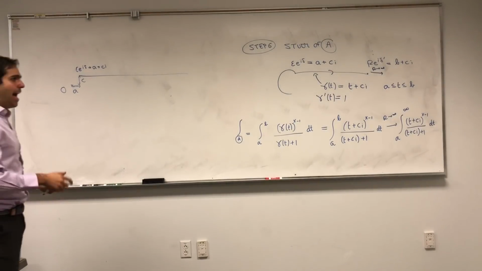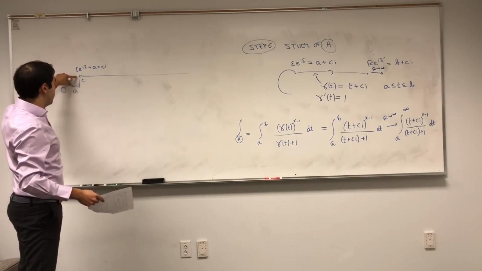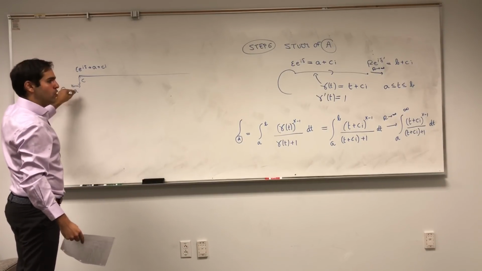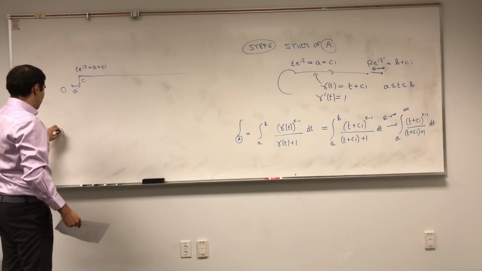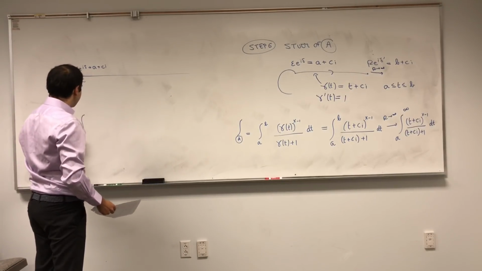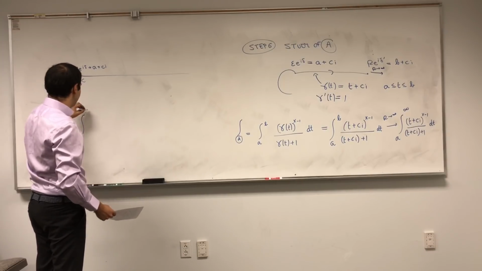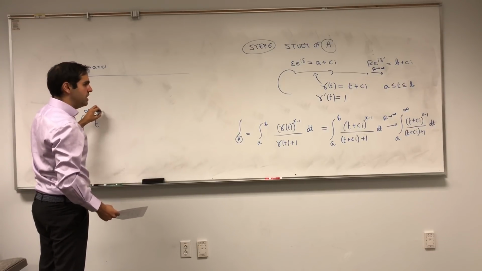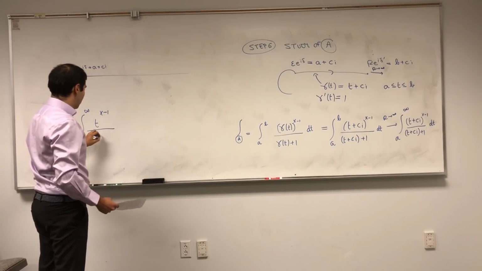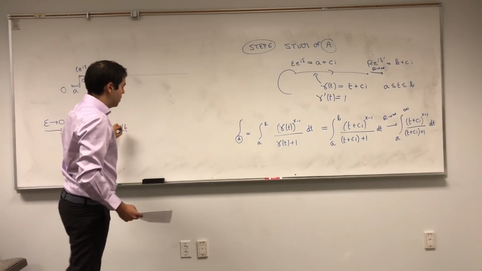But look, if epsilon goes to 0, then a goes to 0 and also c goes to 0. So now you indeed get the integral from 0 to infinity of t to the x minus 1 over t plus 1 dt.